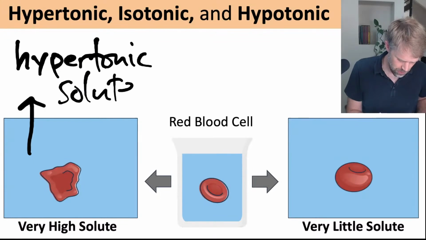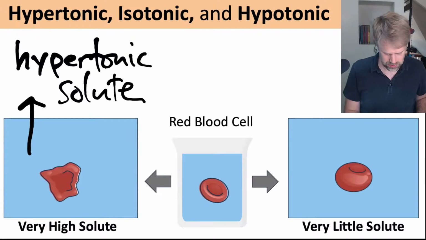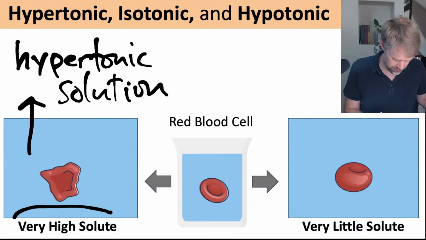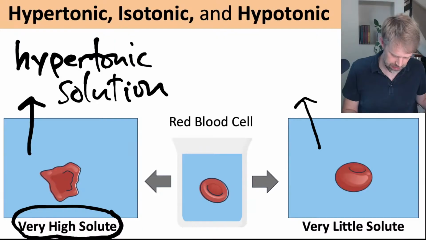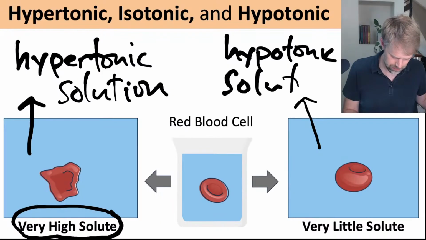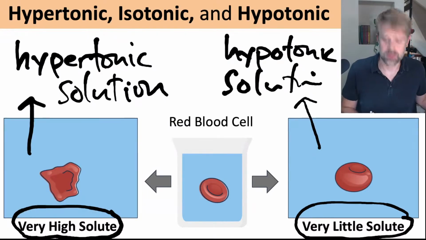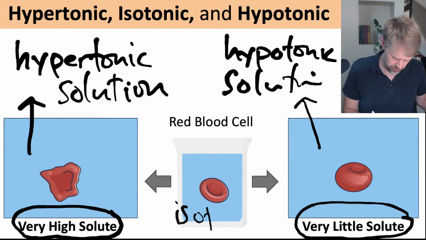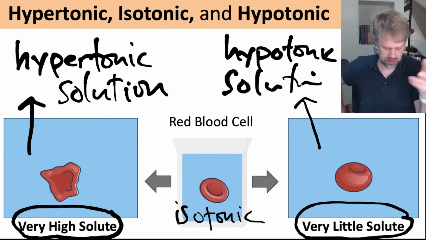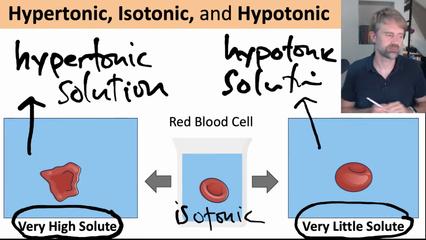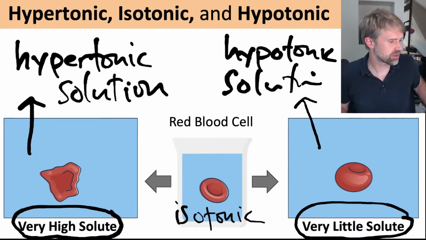I'm sorry, a hypertonic solution means that there is a very high amount of solute relative to the cell, and a hypotonic solution means that there is very little solute relative to the cell. In the situation where the cell is in a solution that has about the same amount of solute, we call that isotonic. So, isotonic. There you go.